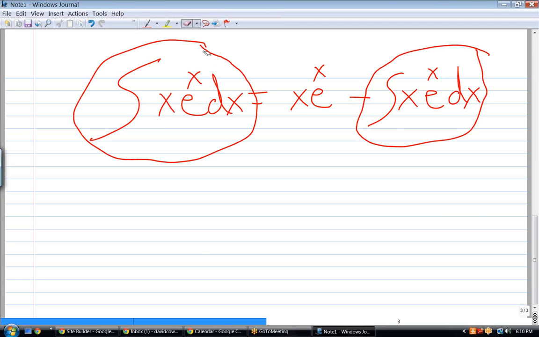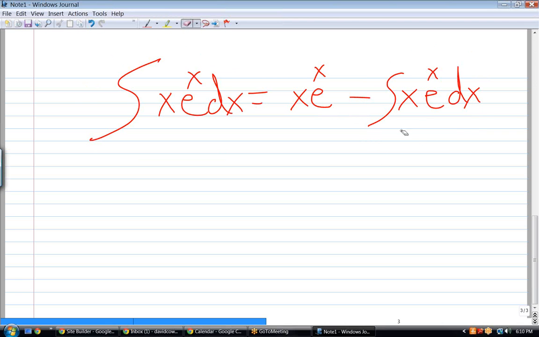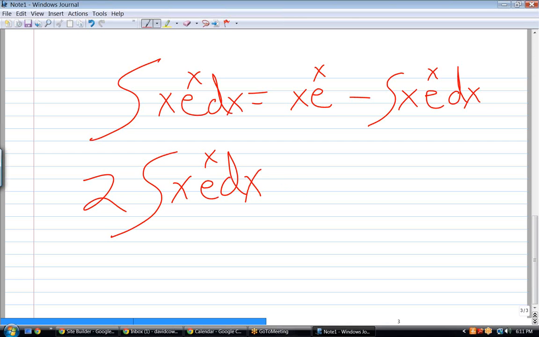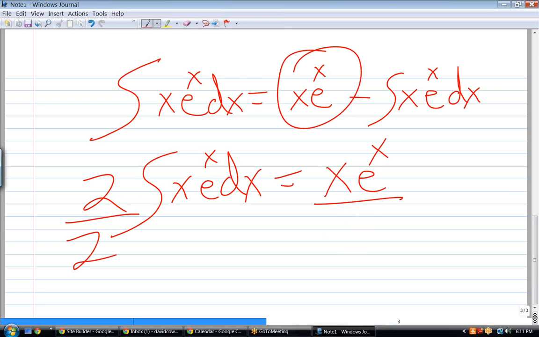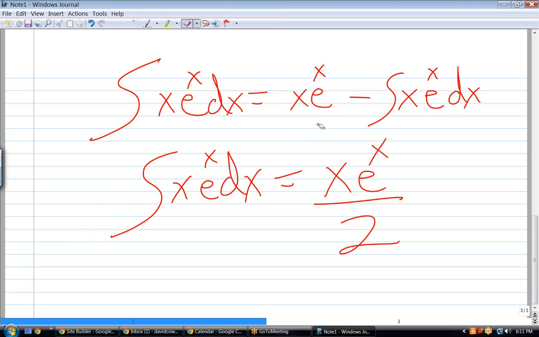And I can treat it algebraically by adding the integral of this to both sides of the equation, giving me 2 of these is now equal to this term right there. Now dividing both sides by 2 gives me my answer. How cool is that?